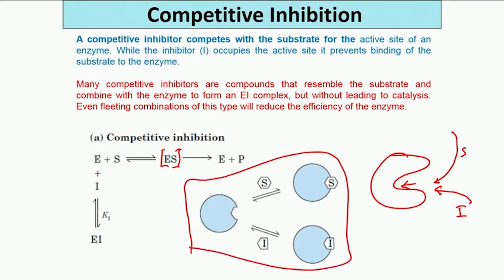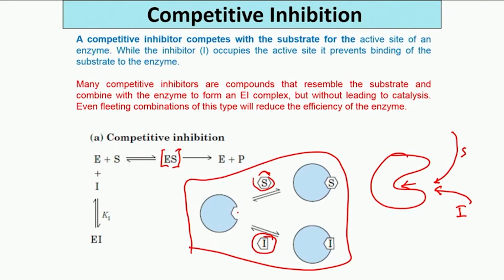Schematically we can show this in this fashion: you have this enzyme, this is the active site, and this is the substrate on which the reaction takes place. So, the substrate goes and binds like this, but at the same time there is another molecule which also goes, because it has a shape somewhat similar to the active site, and maybe electronically it could also have some fruitful interactions with the active site.